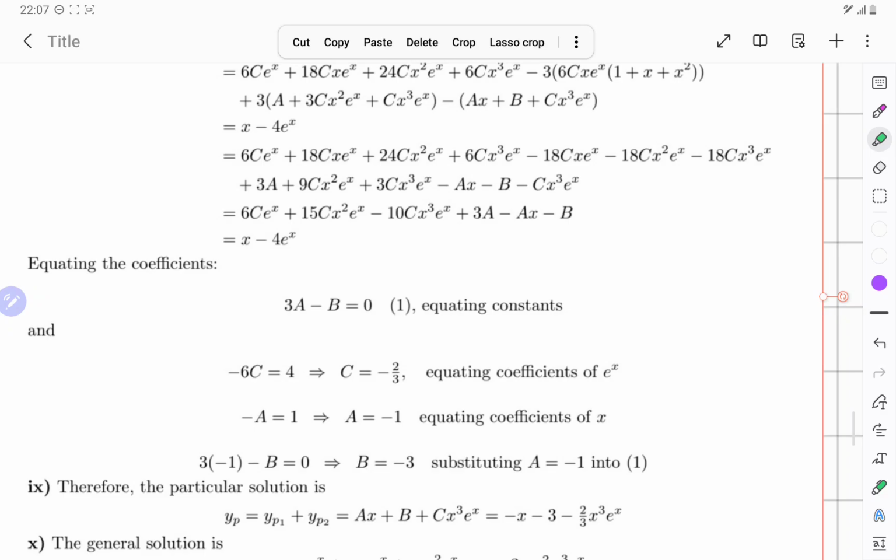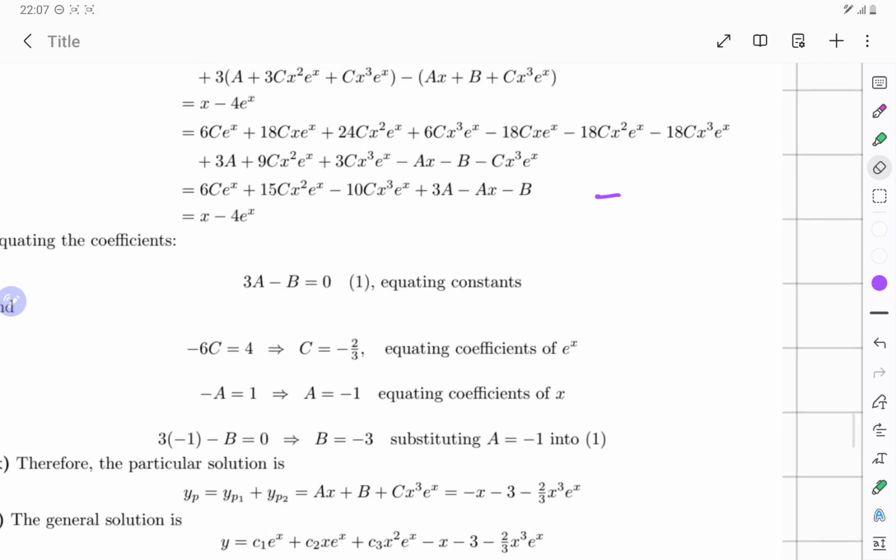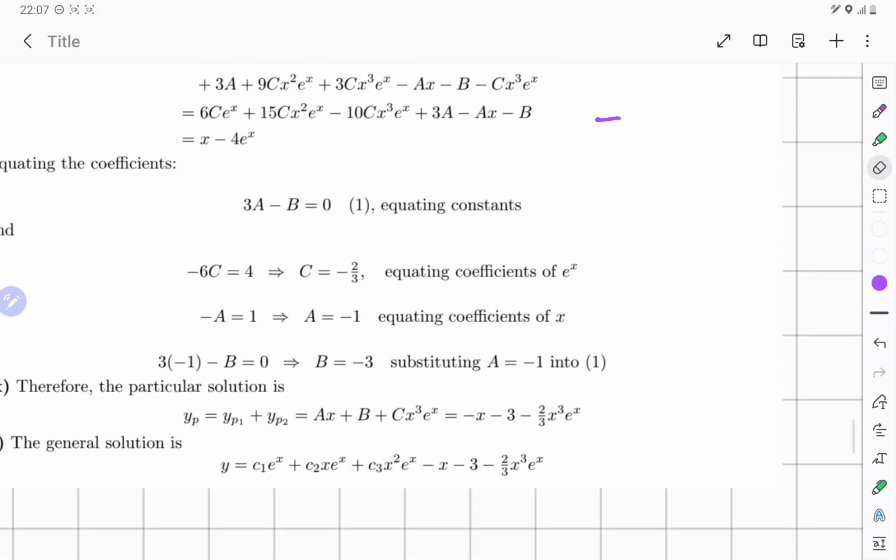So what do you see here? We don't even have to use the other terms since we already have solved a, b, and c. Now what do we see? Remember, we're finding the general solution.